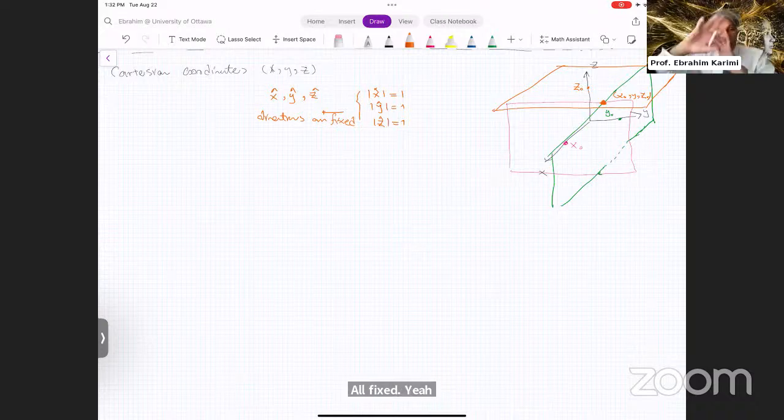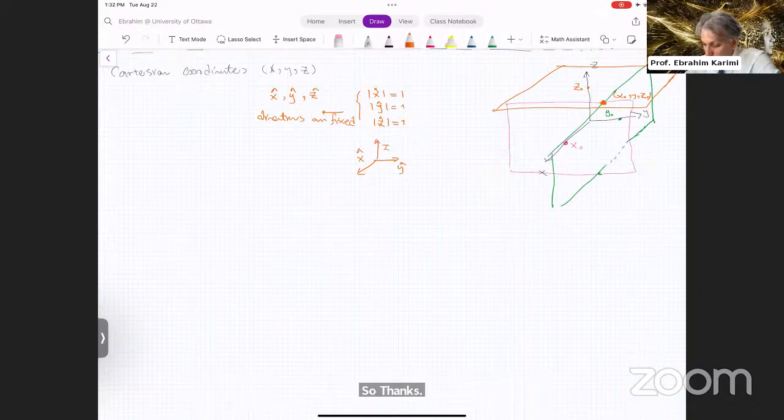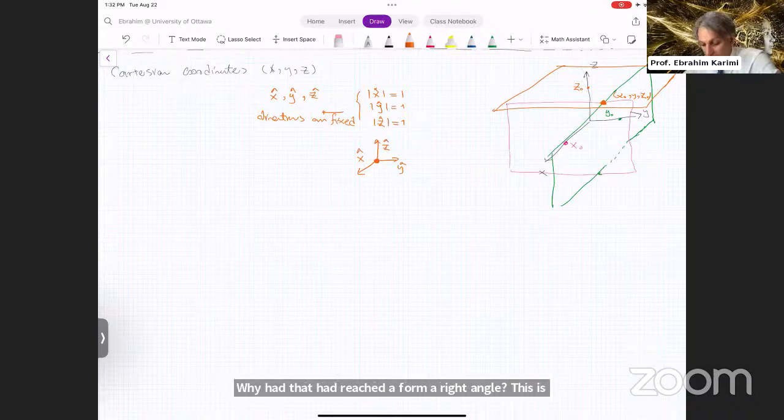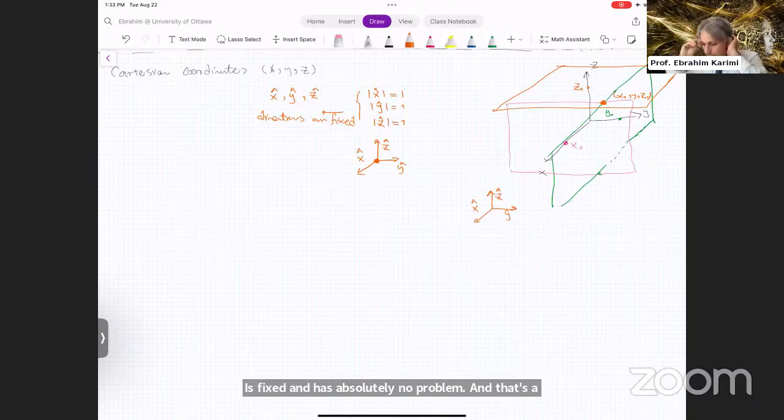They are not changing in space. So x hat, y hat, z hat form a right angle. This is the same x hat, y hat, z hat if you move it here. Okay? It is fixed and has absolutely no problem. And that's the uniqueness of the Cartesian coordinate, which we love very much.